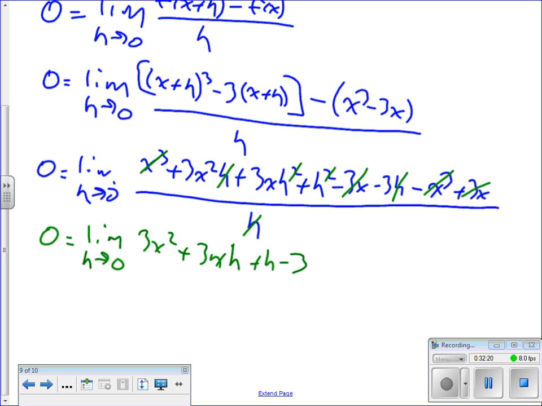Let h go to 0. 0 equals 3x squared minus 3. When you plug in 0, 3x squared minus 3, x equals plus or minus 1. Plus or minus, let's have both possibilities.